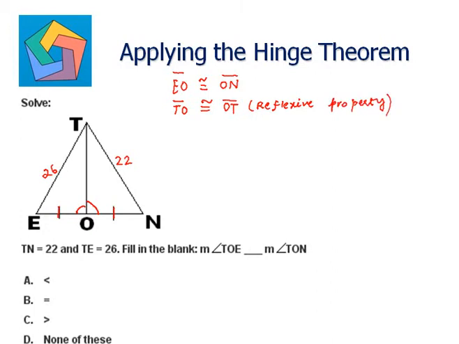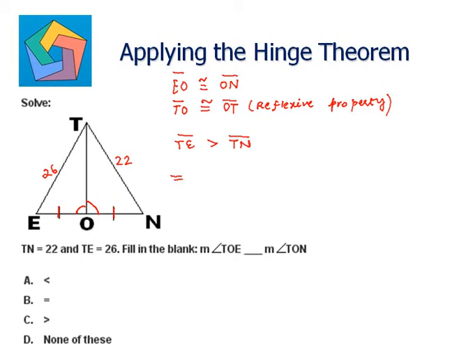So two sides become congruent and the third side, that is segment TE, is greater than segment TN since TE measures 26 units and TN measures 22 units. So according to the converse of the Hinge theorem, the measure of the angle opposite to the side TE should be greater than the measure of the angle opposite to the side TN.